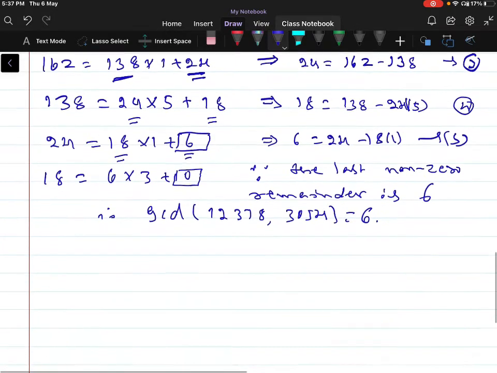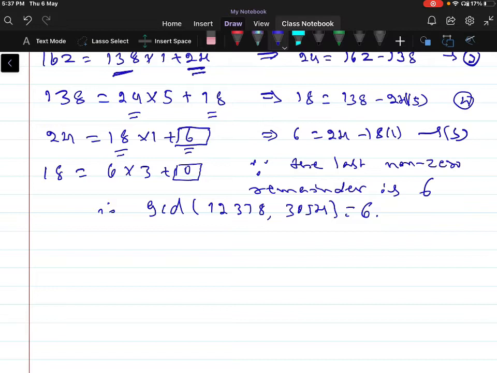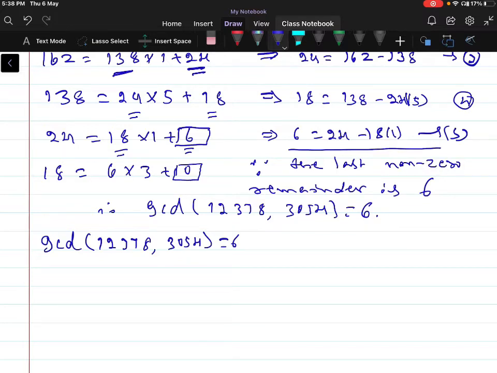Now 6 can be written as a linear combination of the two given integers. GCD of 12378, 3054 is equal to 6. 6 can be written by using equation 5 as 24 minus 18 times 1.